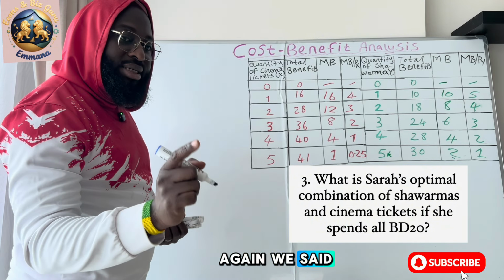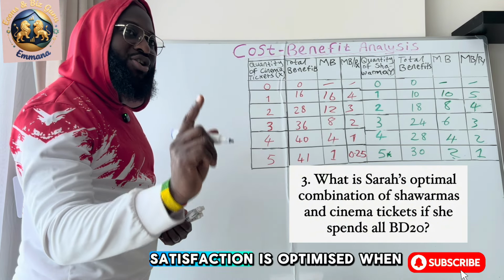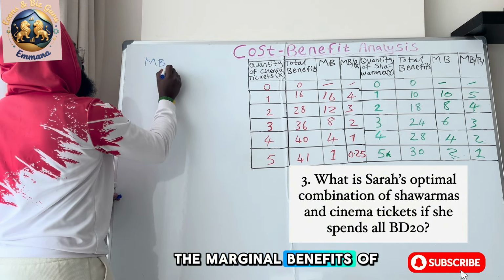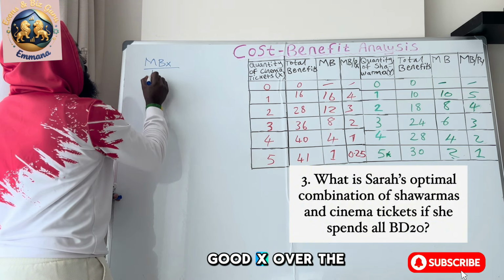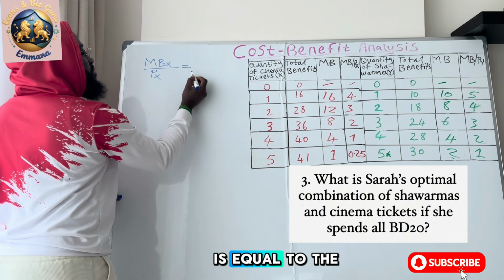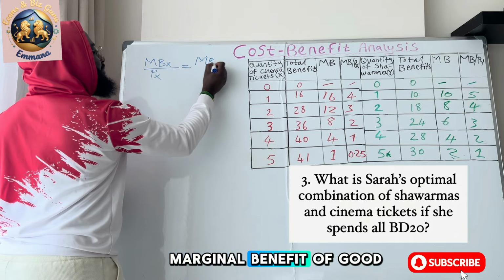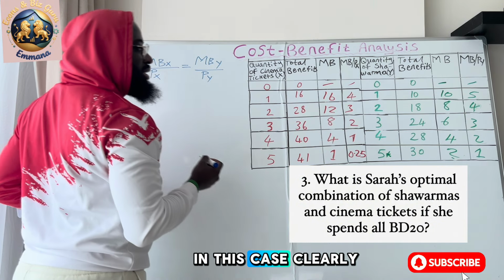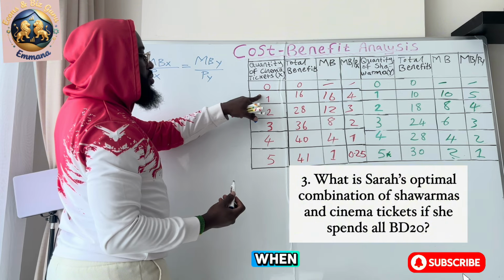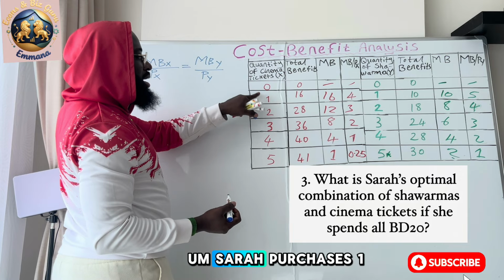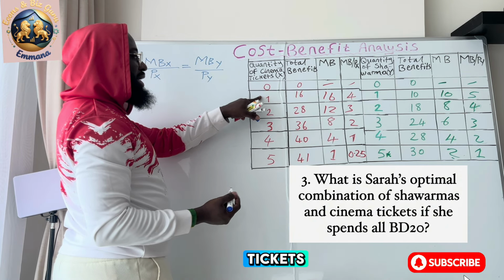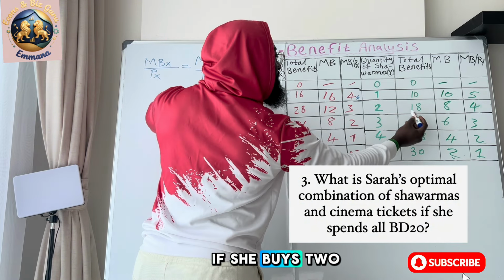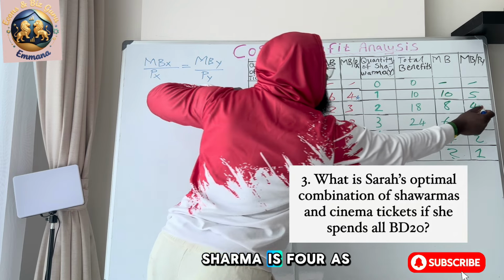Again, we said satisfaction is optimized when the marginal benefit of good X over the price of that good is equal to the marginal benefit of good Y over the price of that good. In this case, clearly, we can see that when Sarah purchases 1 ticket, her MB/P is 4, and if she buys 2 shawarma, it is 4 as well.